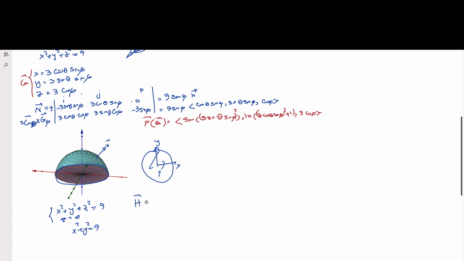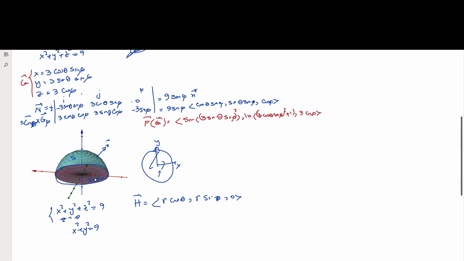Let's parameterize this quickly with the radius r between 0 and 3, so r cosine theta, r sine theta, and z is supposed to be 0. So let's cap it off with this surface. Now, by the divergence theorem, let's say this was S, and let's call this one S nu. So S and S nu together create a closed surface, piecewise defined, but it's okay.